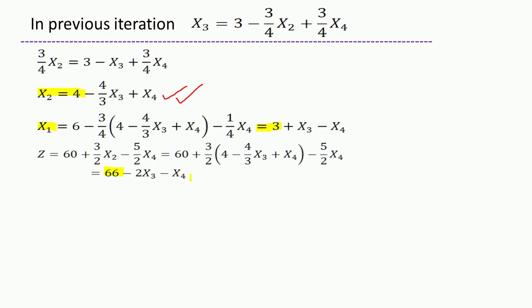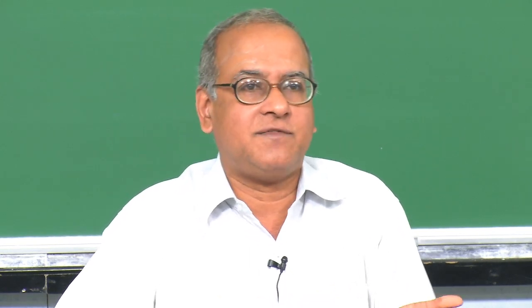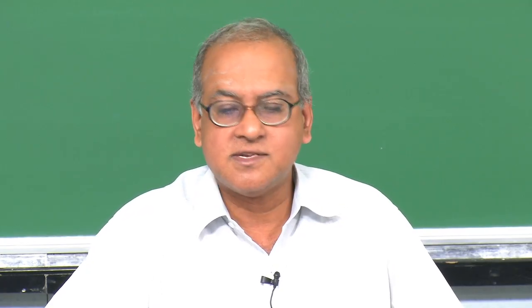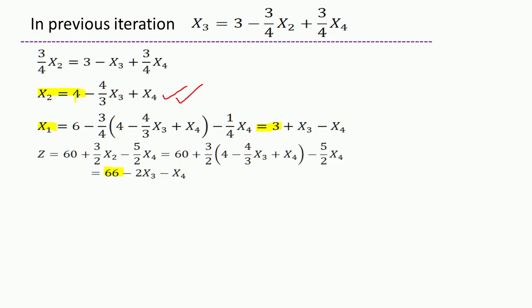And if we decrease them, they will become negative because they are at 0. So, we do not try to decrease x3 and x4. So, we do not have a variable which can now help us increase the value of the objective function. We now stop the algorithm by saying that we have reached the best solution, and the best solution is x1 equal to 3, x2 equal to 4 with z equal to 66.